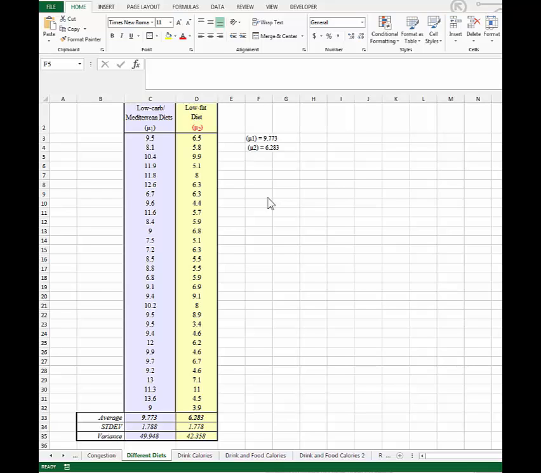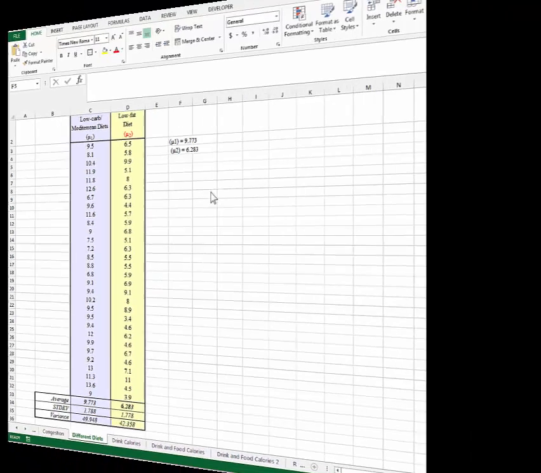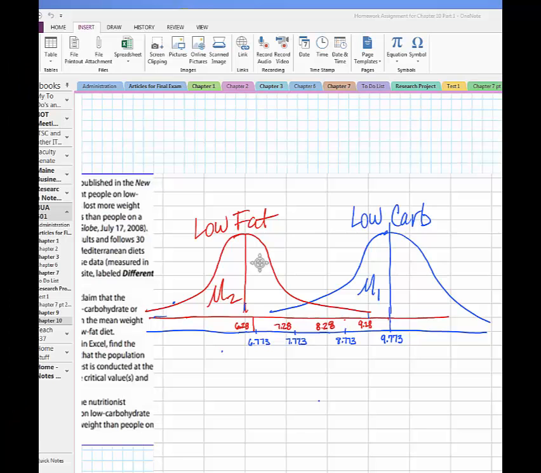And essentially it sort of looks like this, a graphical depiction of this problem. We've got the low fat diet mean weight loss here of 6.28 pounds, and we have the low carb weight loss diet with a mean weight loss of 9.733.